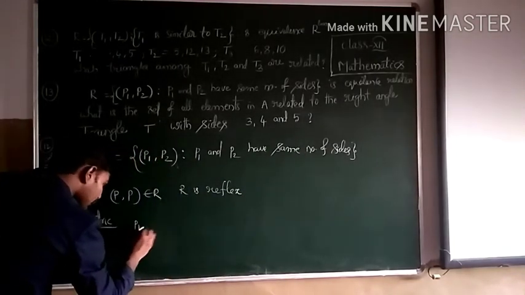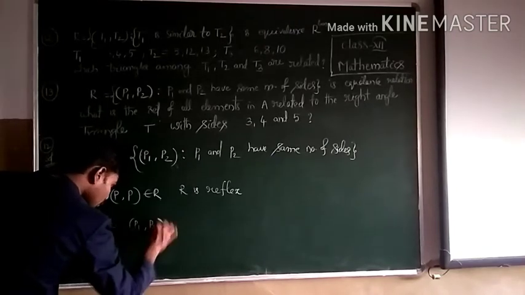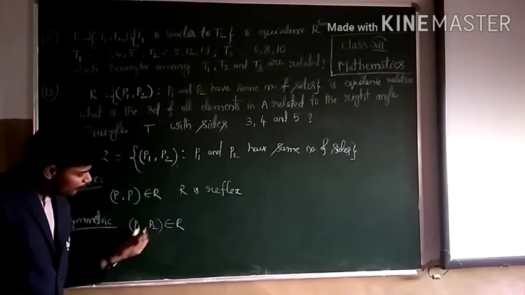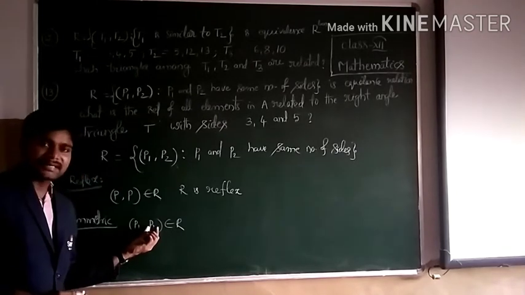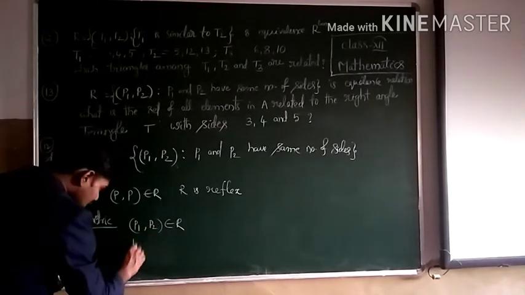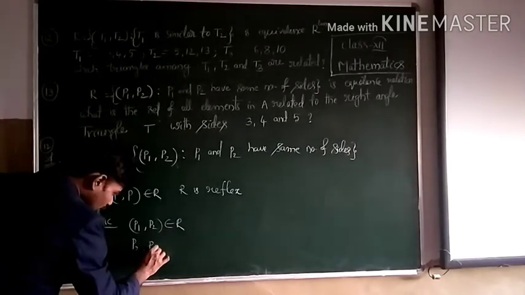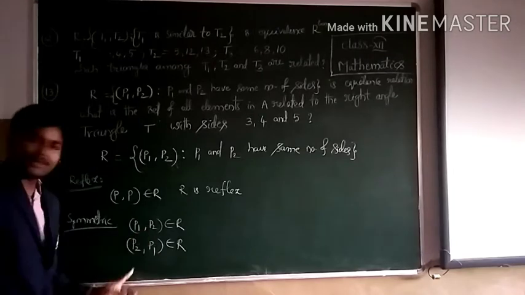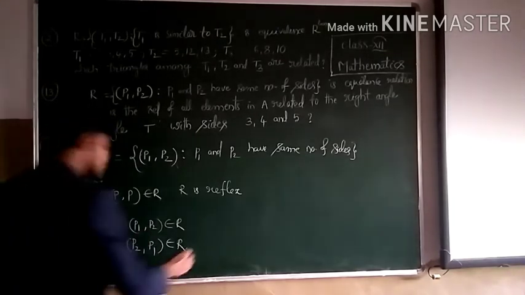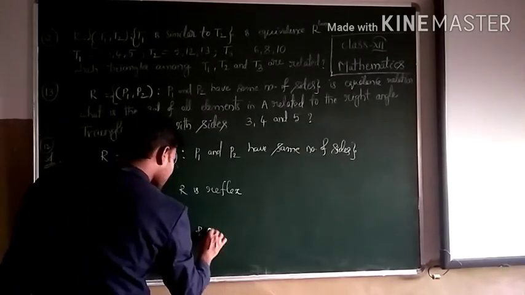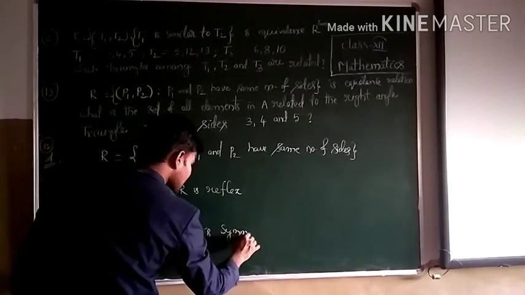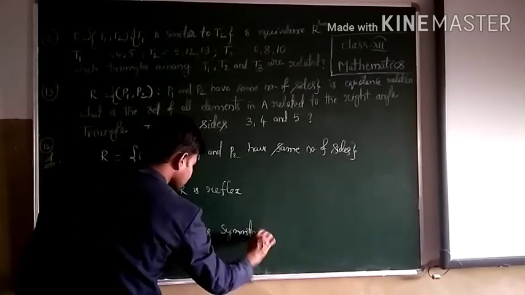It means P1 comma P2 belongs to R. Suppose P1 has 3 sides, P2 also has 3 sides. So its reverse also happens the same way: P2 comma P1 belongs to R. So R is a symmetric relation.